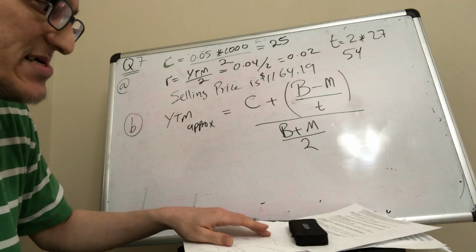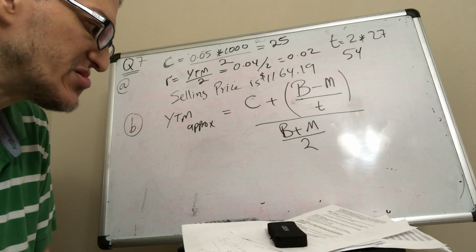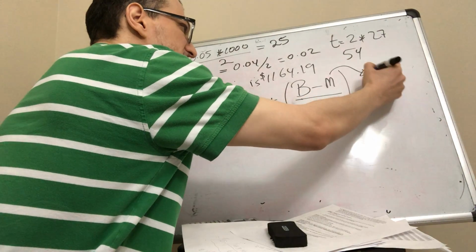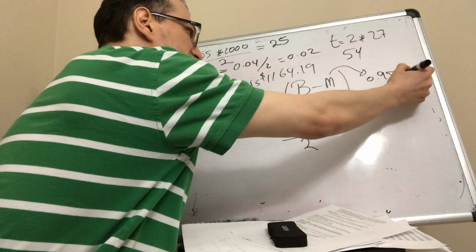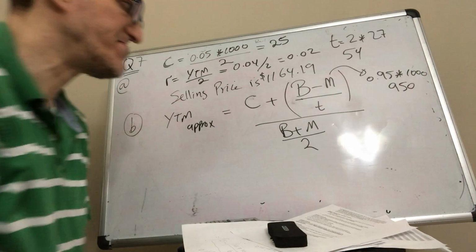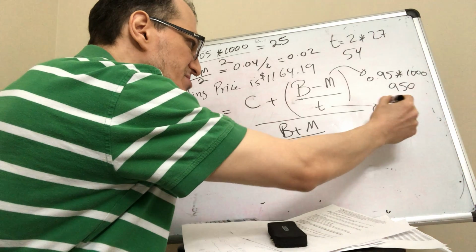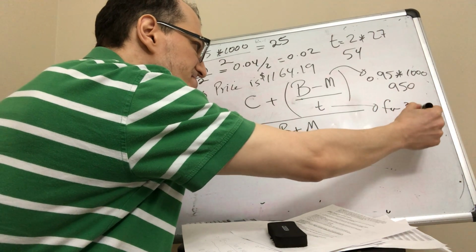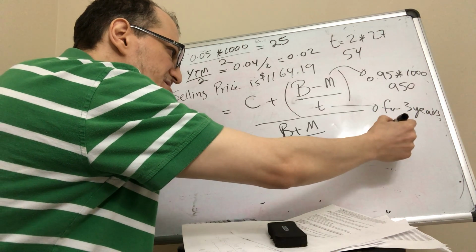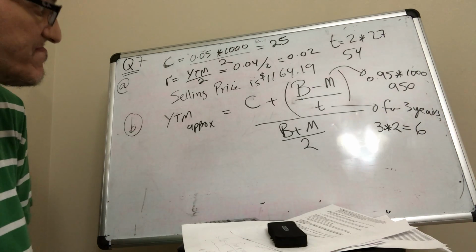Now the market price, you see when they say at the very beginning it's quoted at 95, so the market price is quoted at 95 over the face value, 950. And everything we have, remember, we're doing this for 3 years, meaning 3 times 2 payments a year, so your T is 6.